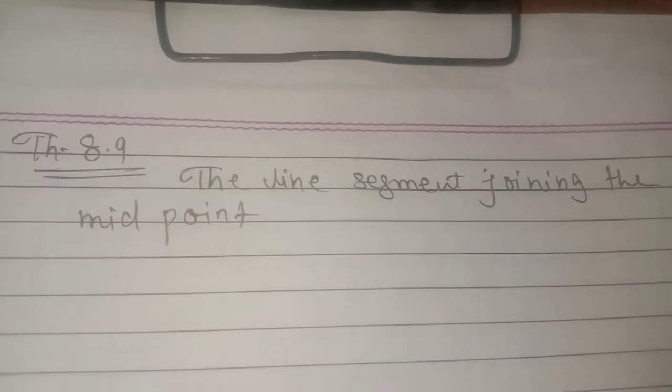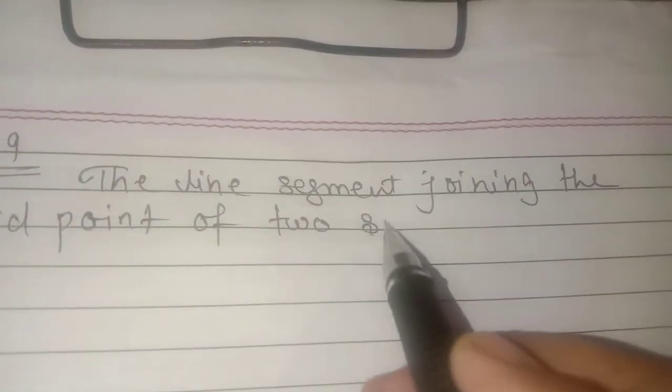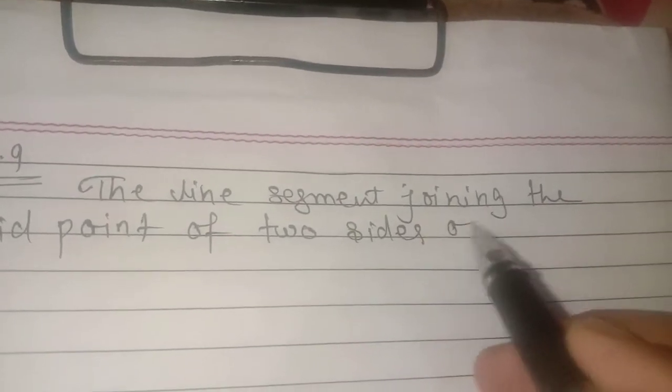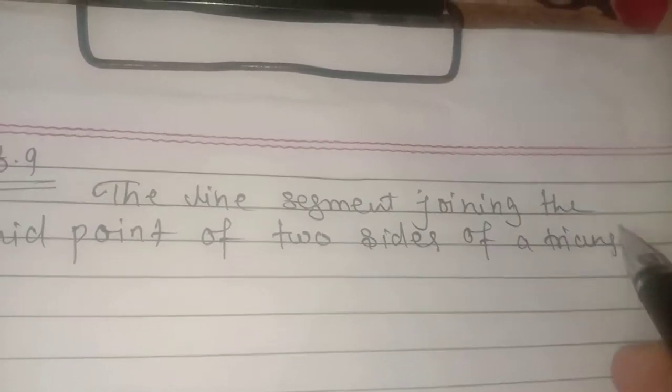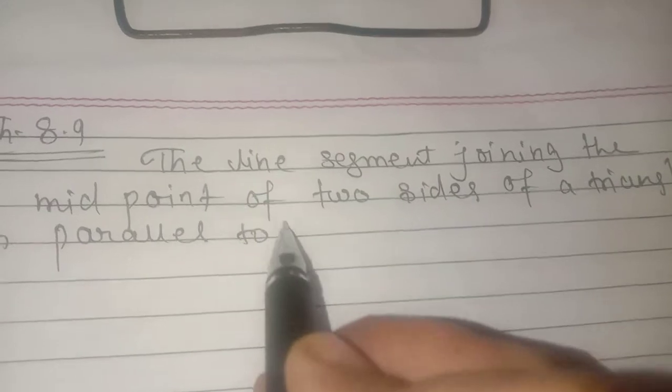Now what is theorem 8.9? That is, the line segment joining the midpoints of two sides of a triangle is parallel to the third side.